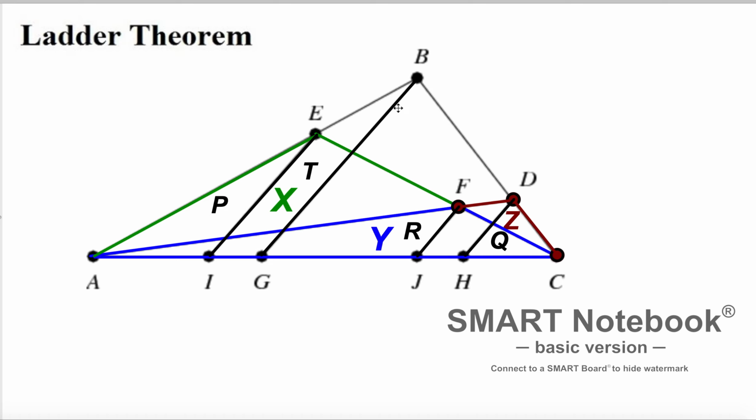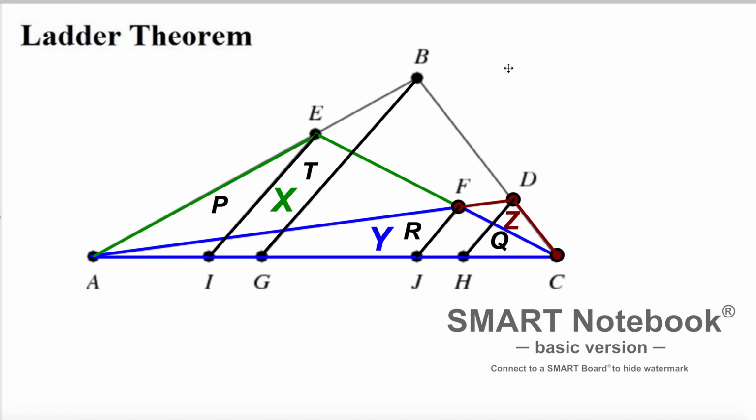If we look at the triangle AGB, it is similar to triangle AIE, because both share the same angle, the angle here, and because those are parallel, those are associated angles and are equal. So this angle I and angle G are the same, and angle A they share together. The third angle has to be the same.